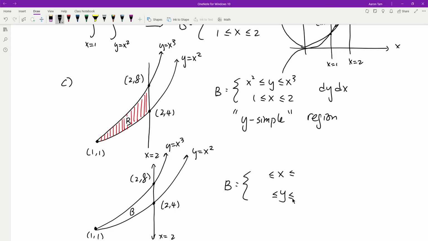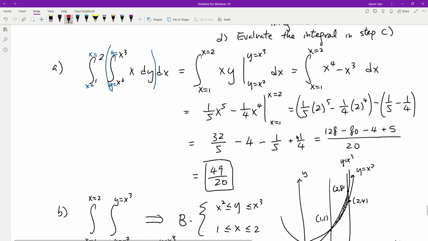Because I'm doing x first then y, I'm using the integral dx dy. This is similar to filling in this region using horizontal lines, because I have to first define this region between two curves from left to right, and then cap it off between top and bottom using horizontal lines.